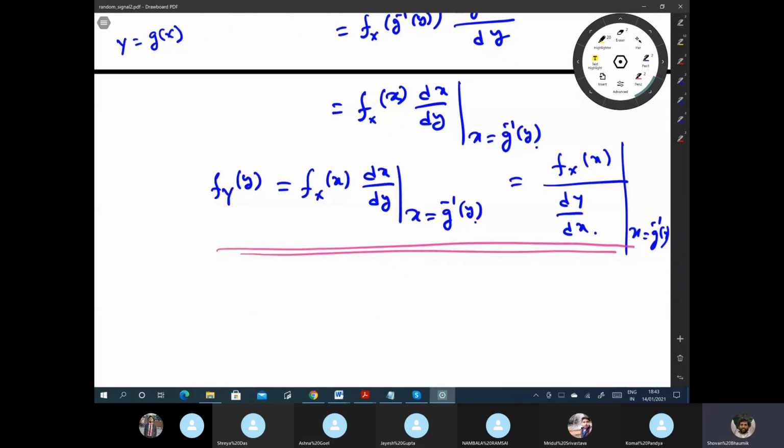We took it as a monotonically increasing function, that's why dy by dx is positive. Do you get it? And then we will come to monotonically decreasing, where you will get a minus sign so that it becomes positive. We'll discuss that. This is a good question.